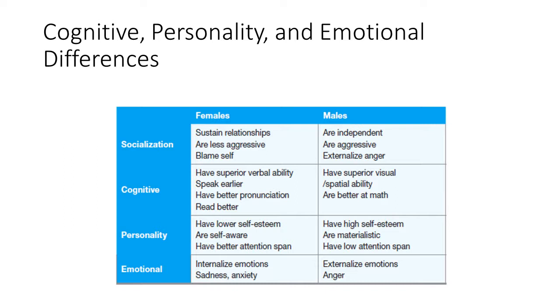Girls have been found to be superior to boys in verbal ability, whereas boys test higher in visual spatial awareness and performance. Girls acquire language faster, learning to speak earlier and with better pronunciation.